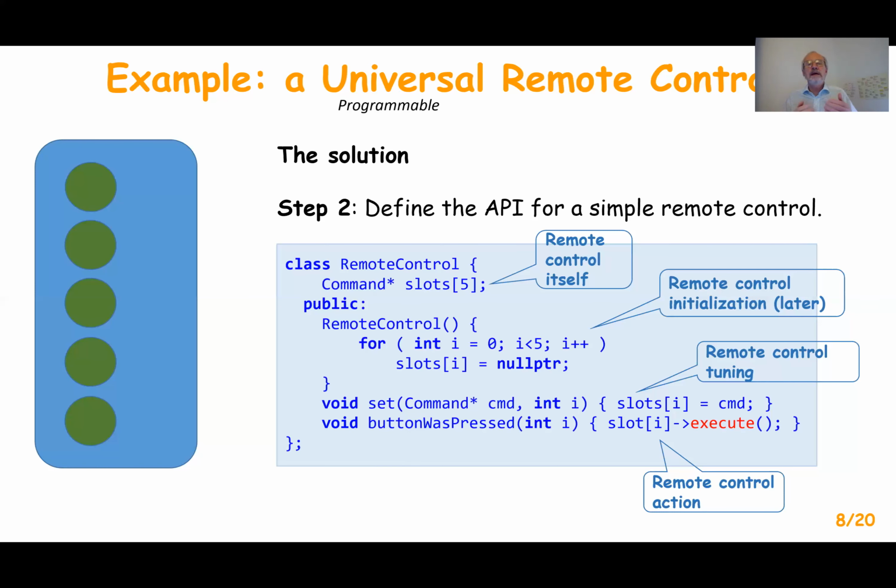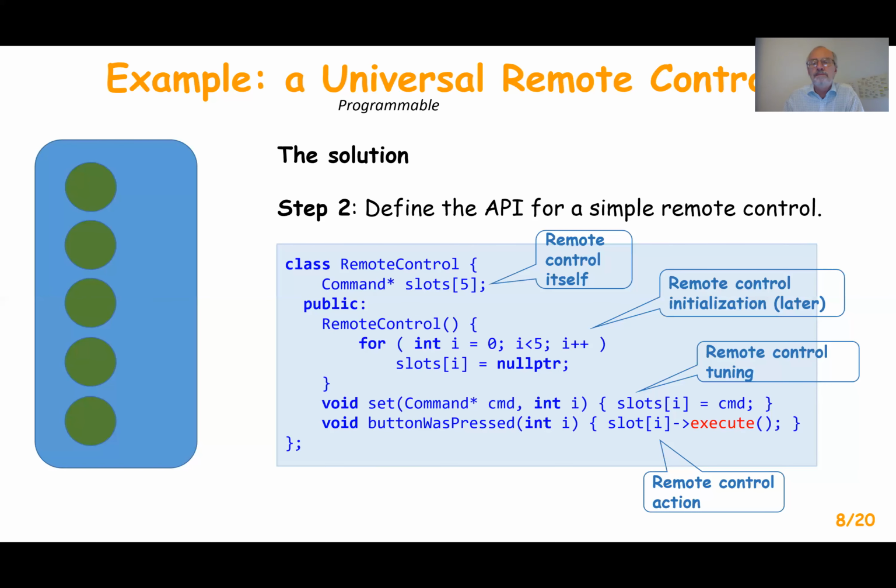That's it. So the interface between this remote control device and the actual devices is only via this execute function. So again, the universal remote control device knows nothing about the actual devices it controls.